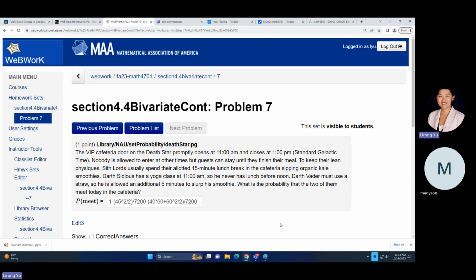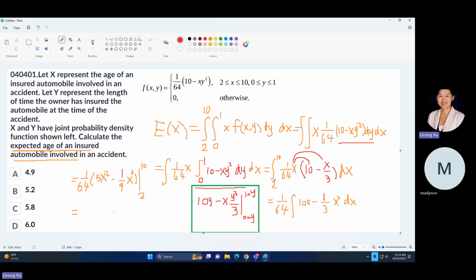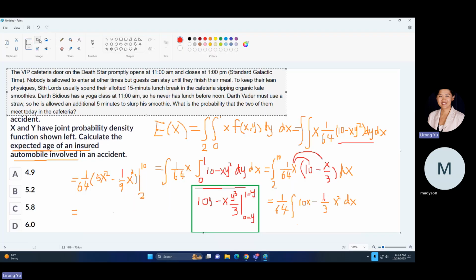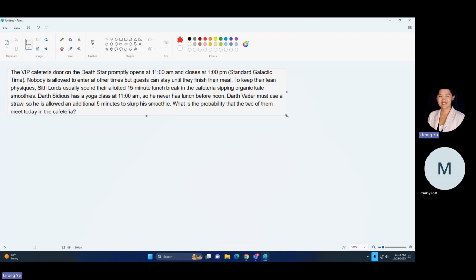I messed up the condition for x and y. Their names were weird, so I think that contributes some of the confusion that I had. So there are 2 persons. One is called Darth Vader, and this other person is called Darth Sidious.